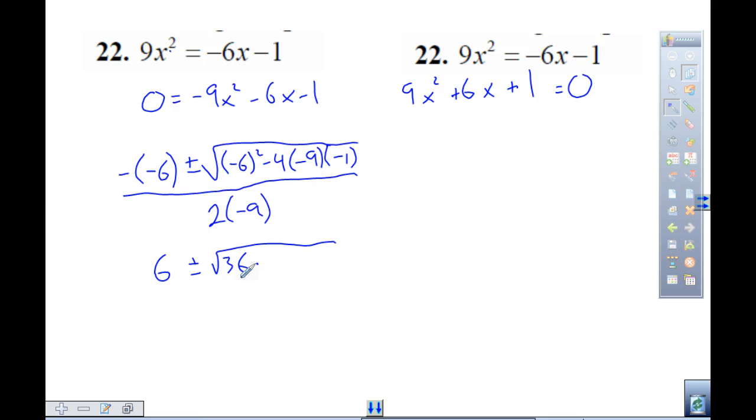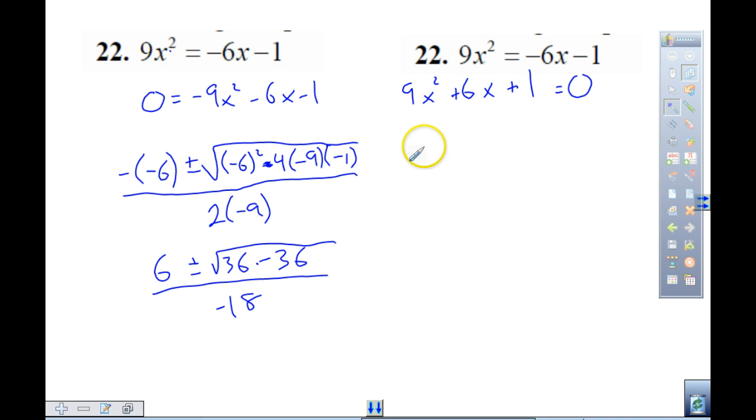Is that plus 36 or minus 36? It's minus 36, right? So negative 4 times negative 9 times negative 1. Don't forget about this as a negative. Don't just multiply these two. It's all of them. Negative 4, negative 9, negative 1, negative 36. All over negative 18.